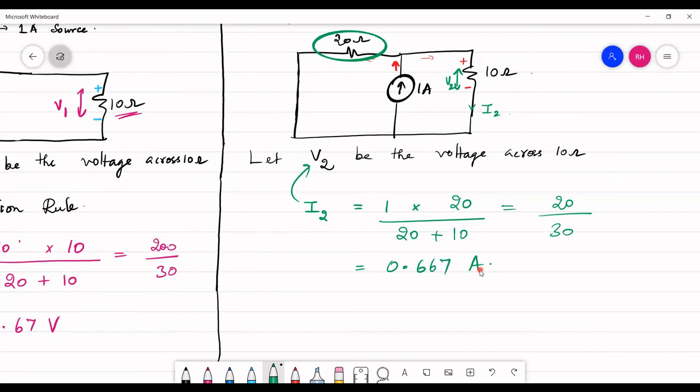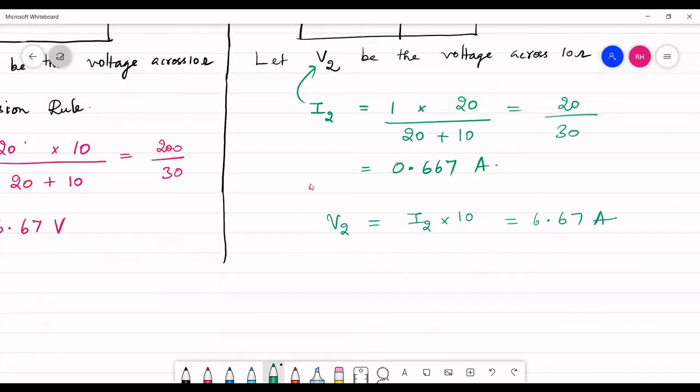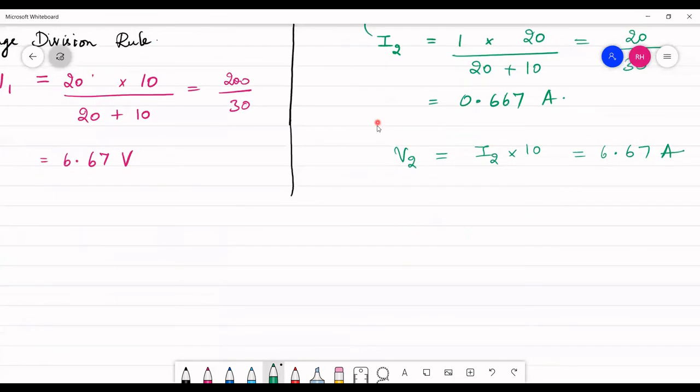And what is V2? V2 is equal to I2 times the resistance, which is 10. So V2 is equal to 10 I2. So it is 6.67 volt. Now I'm going to draw the 10 ohm resistor.